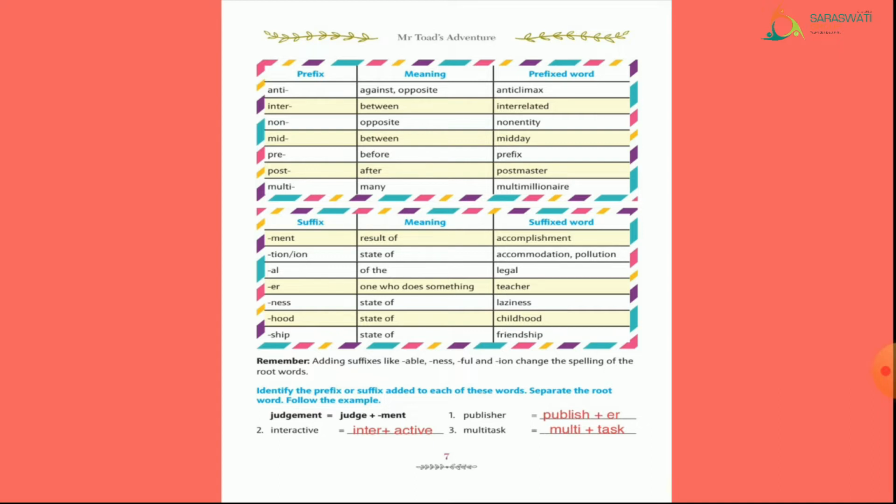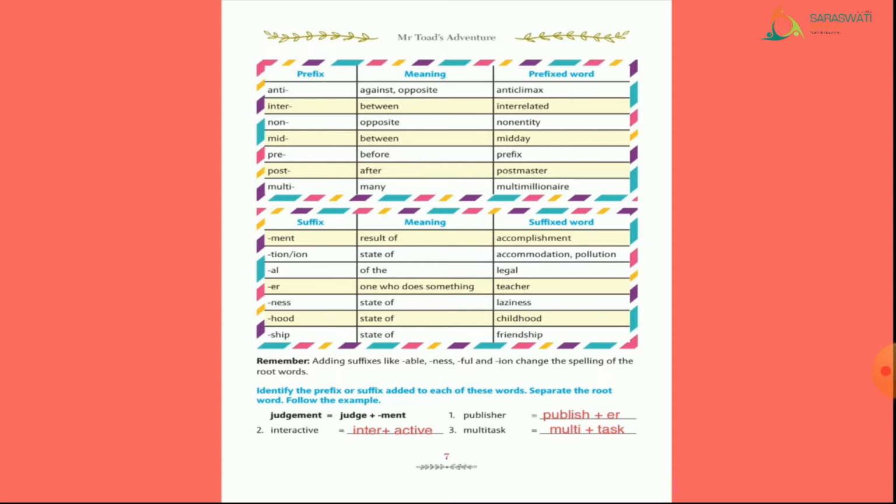Okay? Now let us revise the prefixes and suffixes quickly which we have learnt. Let us go through the prefixes first. Anti. Anti means against or opposite. Inter. Inter means between.